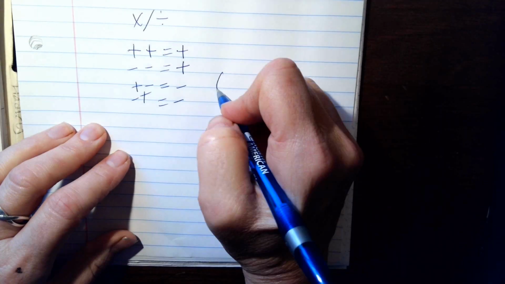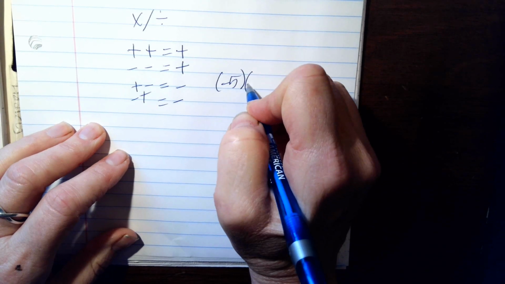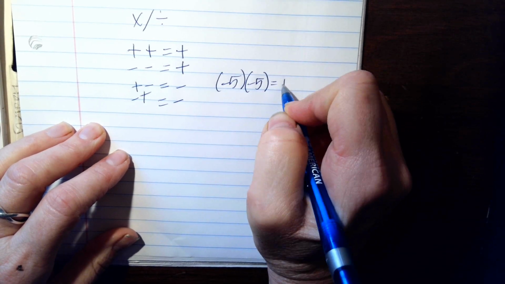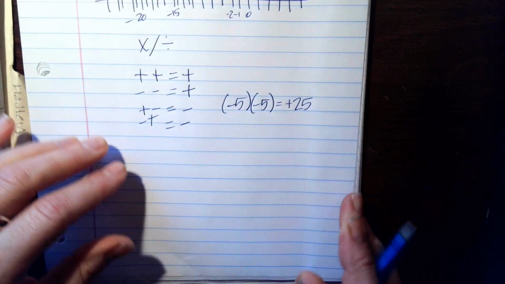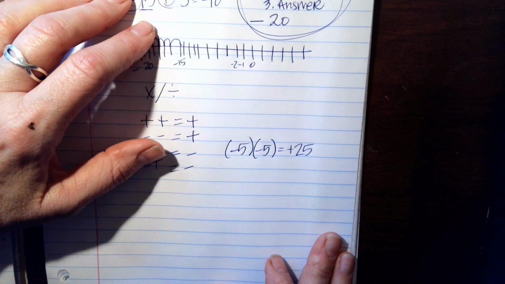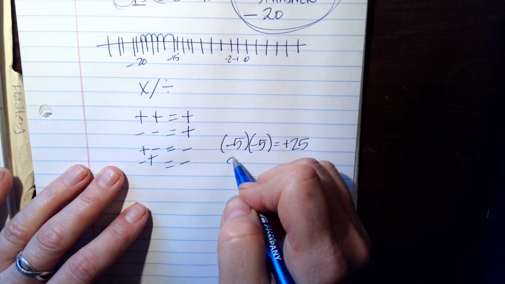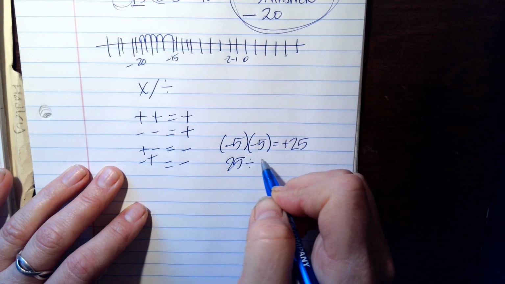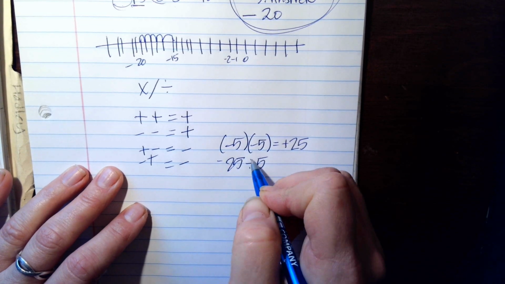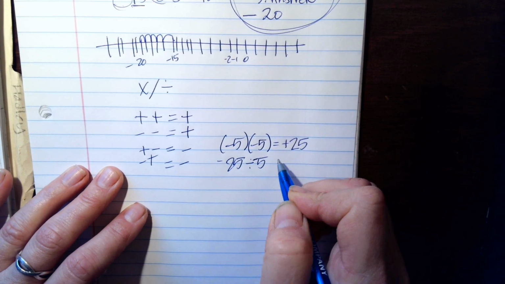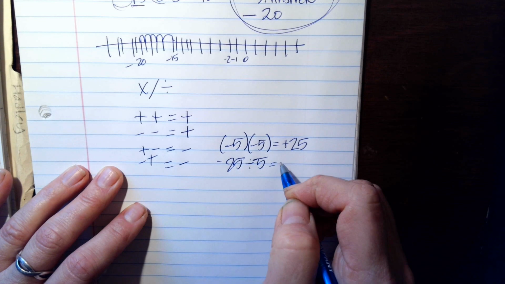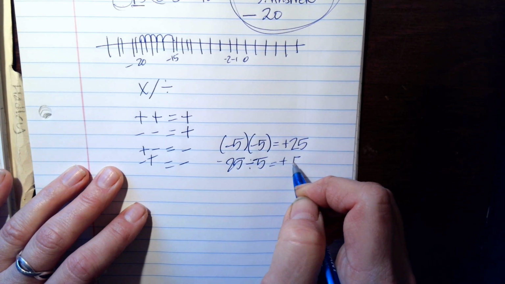So if you had negative 5 times negative 5, it would be positive 25. So do you see how that's different? Totally 100% different. And then if we had 25 divided by 5 and they were both negative, it would be two negatives make a positive, so it'd be positive 5.